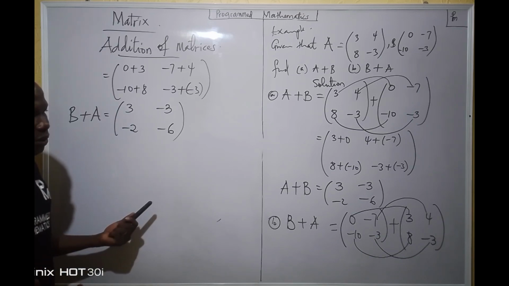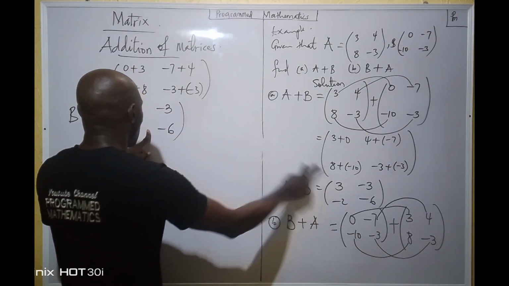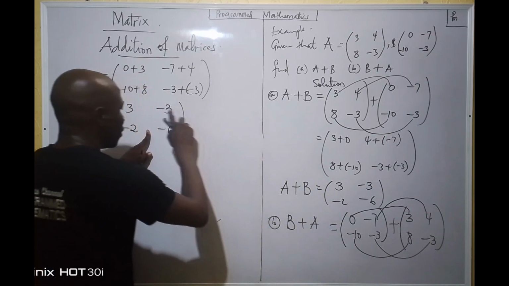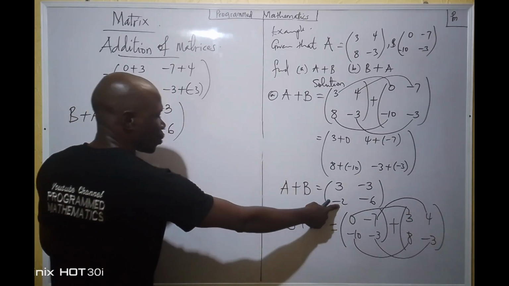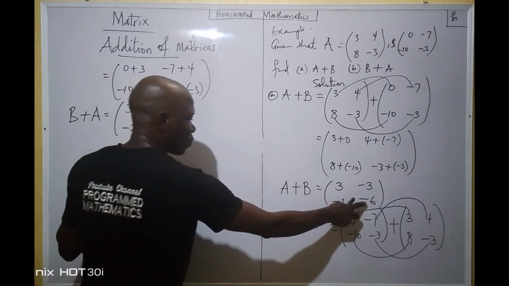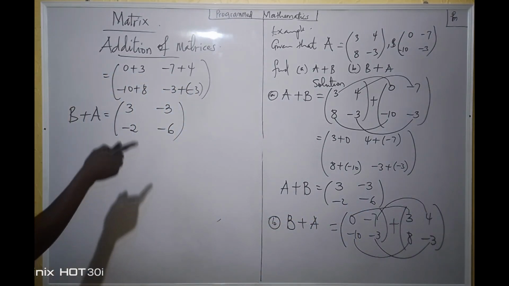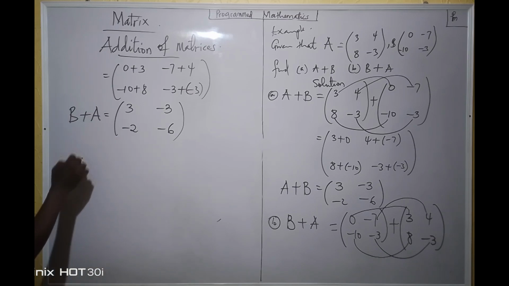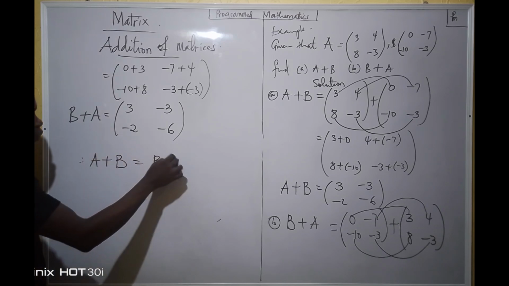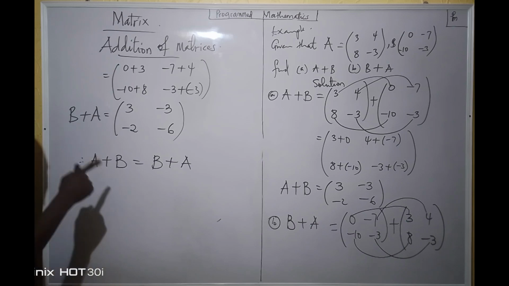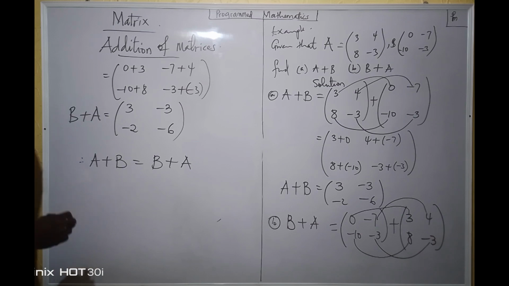Now, if you observe closely, this result and the one we have here are both the same: 3, 3, minus 3, minus 3, minus 2, minus 2, minus 6, minus 6. So from what we have done, you can say that matrix A plus B is the same as matrix B plus A. A very good property to describe this is called commutativity.